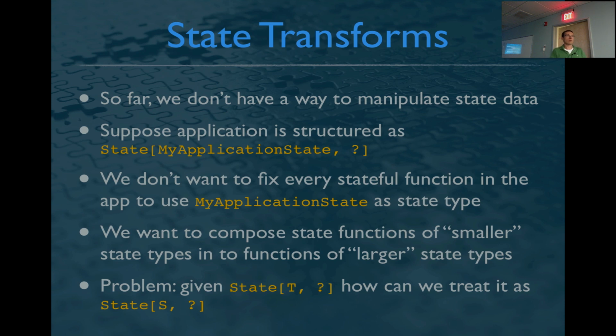Okay. So we're going to derive this. And as a side note, all these times I'm using a question mark for the type parameter, I'm really just saying that we're letting that type vary. So that doesn't compile in Scala. You can't use a question mark. You'd have to either use a type lambda, those big ugly type lambdas, or you'd have to use a type alias like we just did a minute ago with state cache.